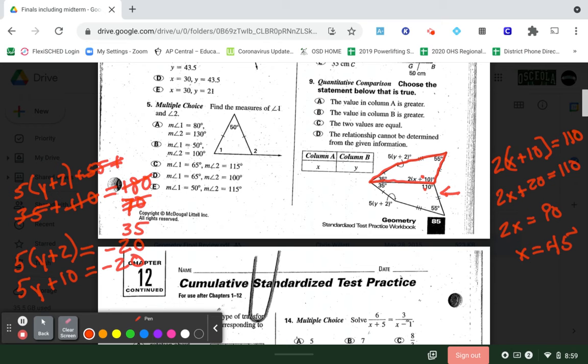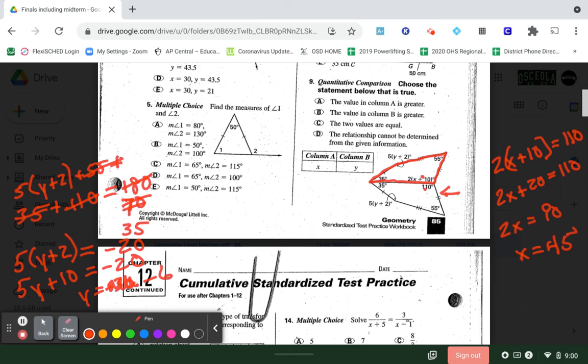If I subtract the 10 and divide by 5, y equals negative 30 divided by 5, which is negative 6. Ooh, boy. I don't like that answer, because now I would have a negative angle there, I think. Yes, I would.